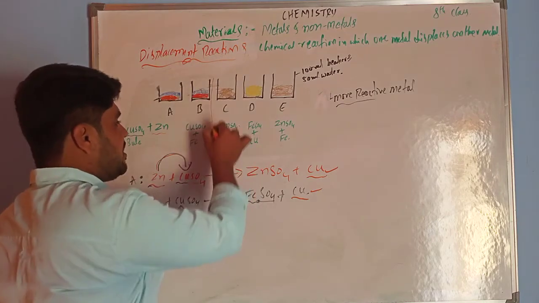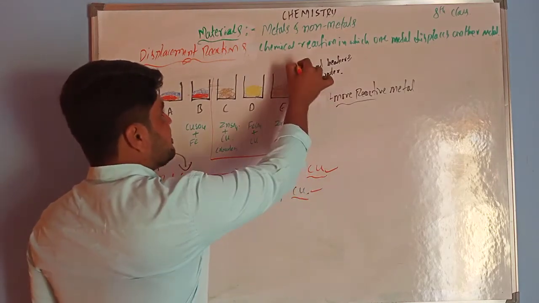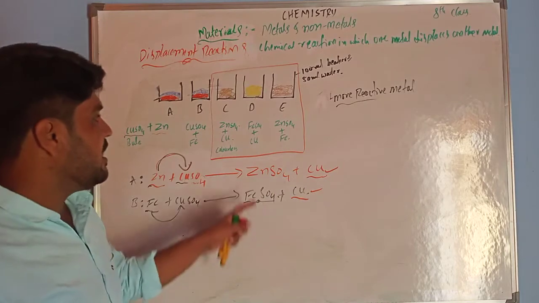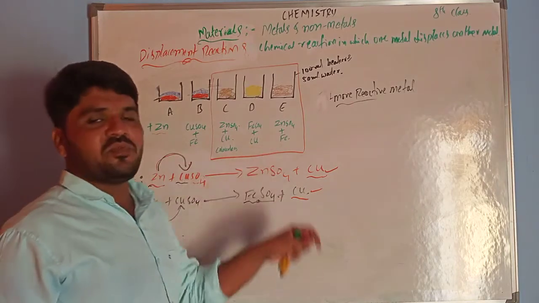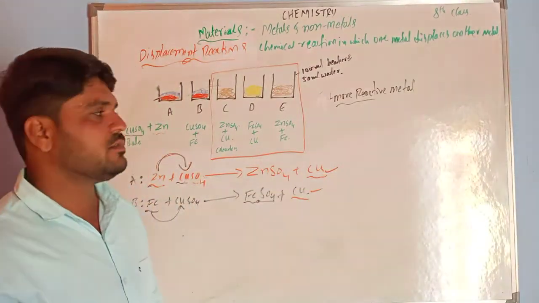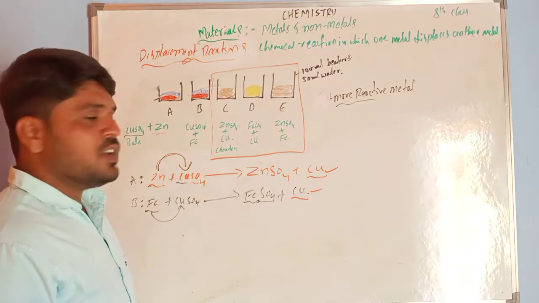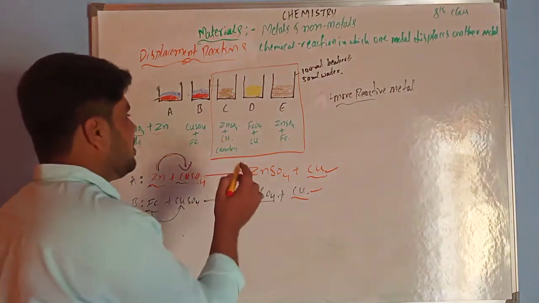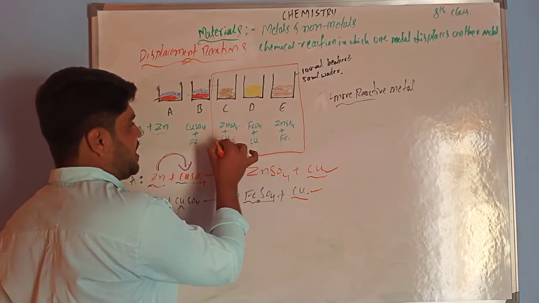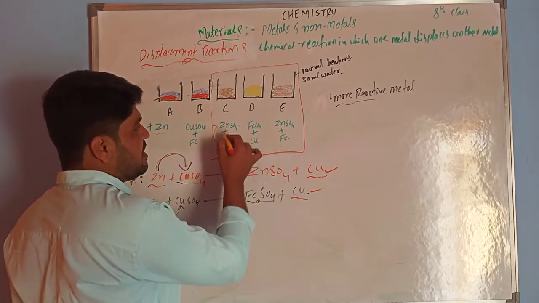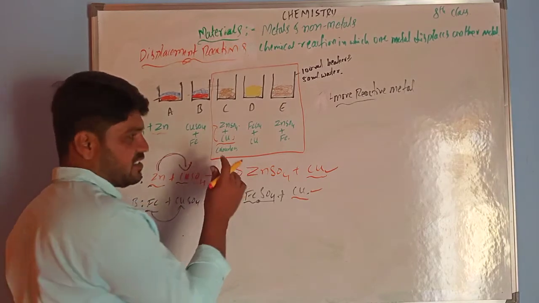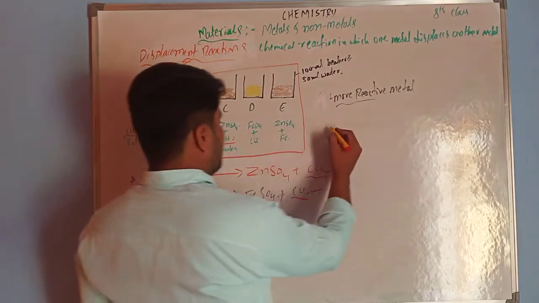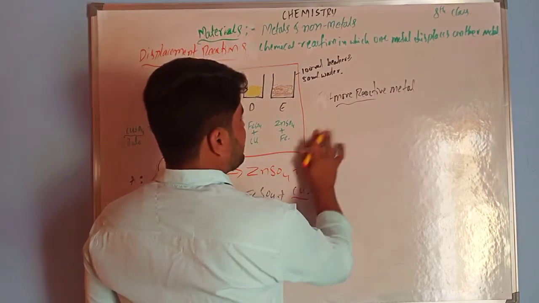Similarly, in C, D and E, this type of reaction we cannot observe. For our understanding, generally we think that copper can displace zinc, and we get copper sulfate. I have written it simply here. So Cu is there now.